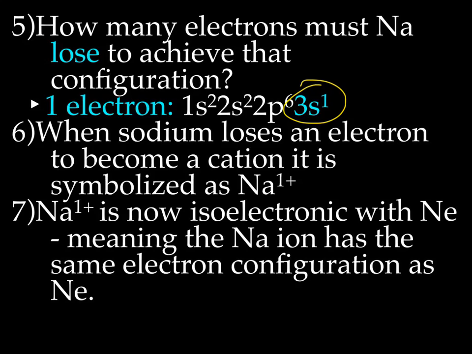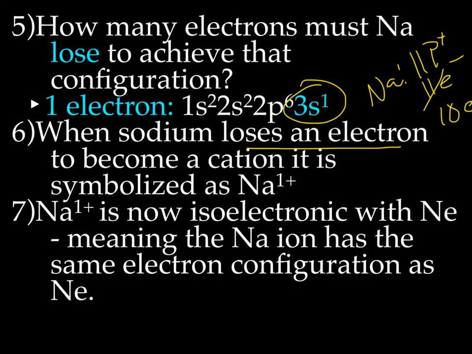So when sodium loses an electron, remember sodium used to have 11 protons and 11, did I say neutrons? Sorry, 11 electrons. If he loses an electron, so he now has 10 electrons, what does he have extra of?